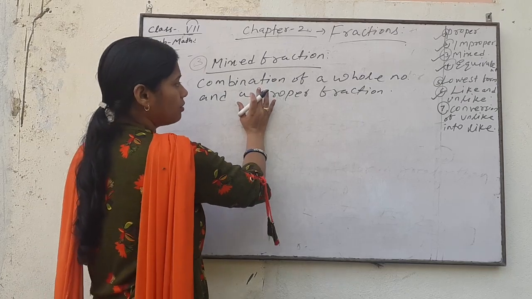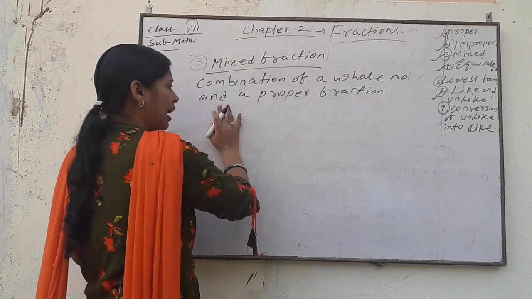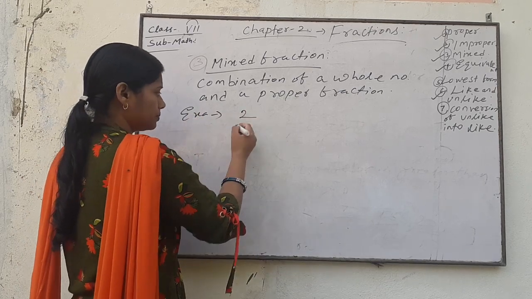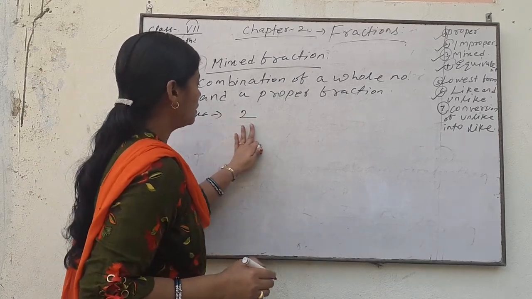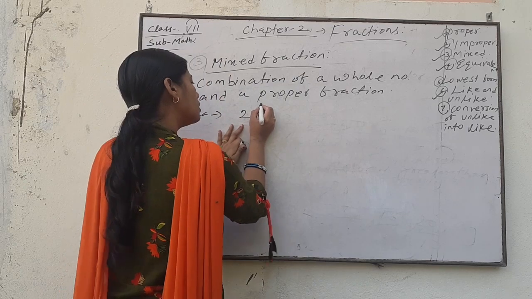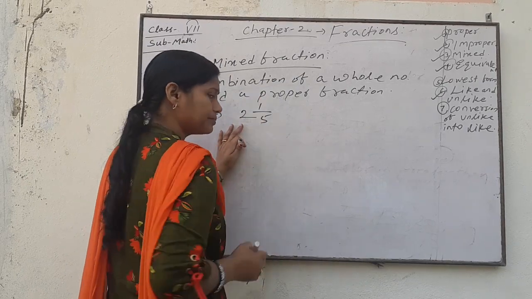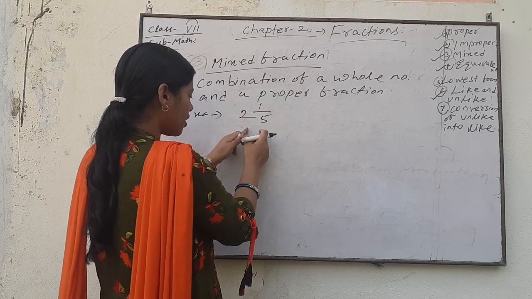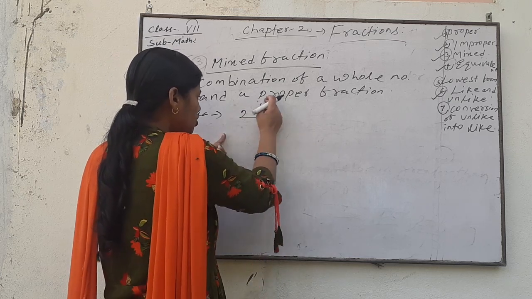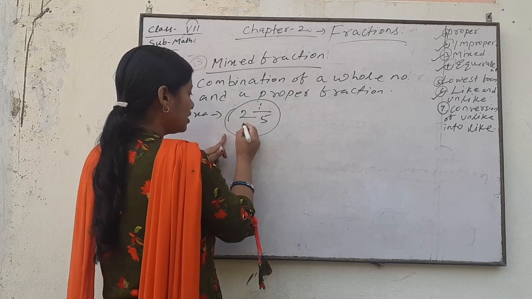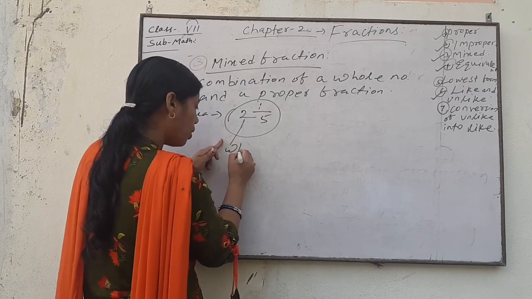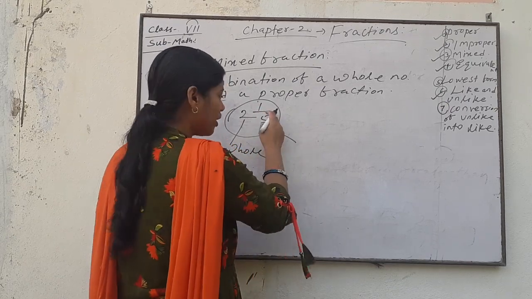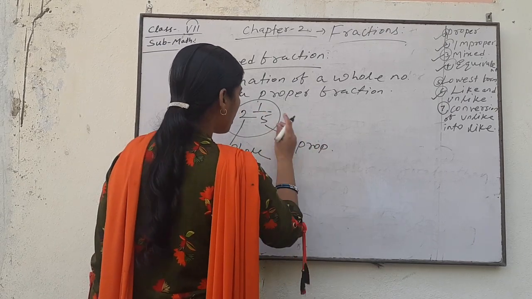Your combination of a whole number and a proper fraction means, suppose that 2 is your whole number, and 2 whole 1 by 5. Look here, 2 whole 1 by 5, this is a fraction which is the combination of your whole number and 1 by 5. 1 by 5 is your proper fraction.